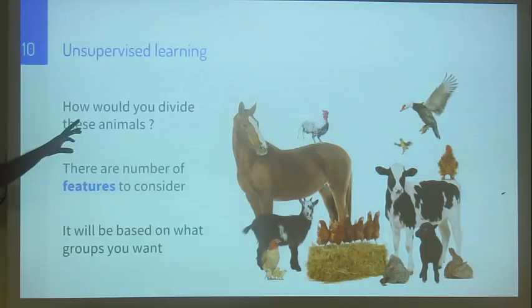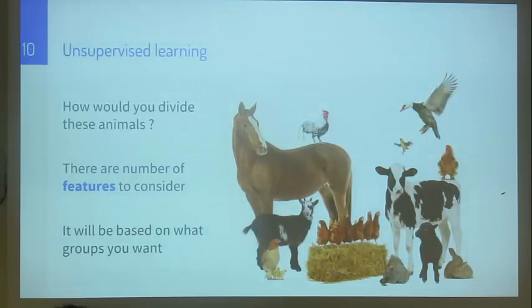Given these types of animals, I'm not going to tell you how to group them. So how would you group them if I give you the features of these animals? I'm going to give you the number of legs, their body color, whether they have feathers, whether it is a bird or a mammal. Those are the features of your data set.